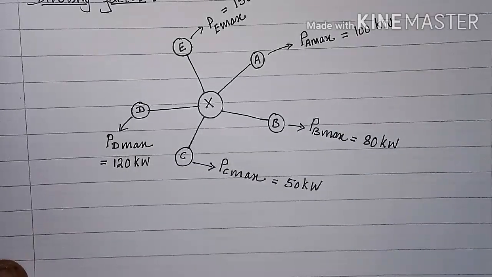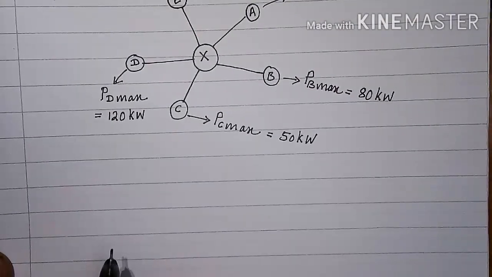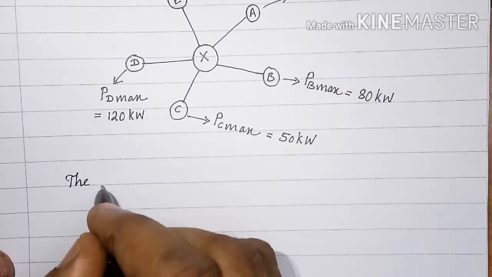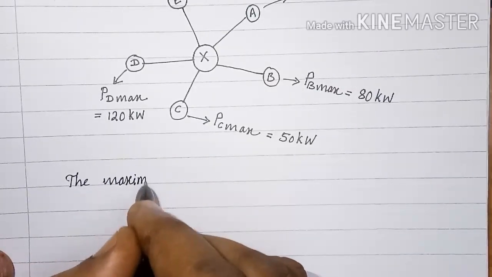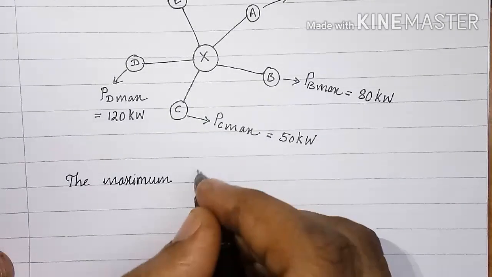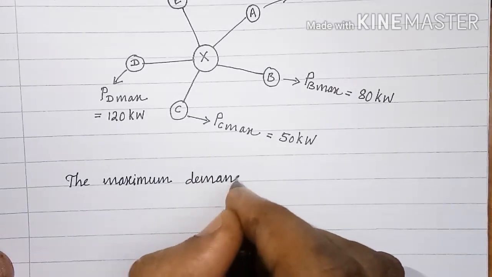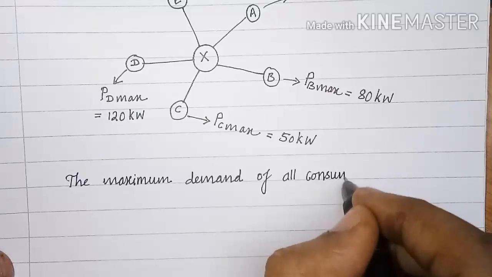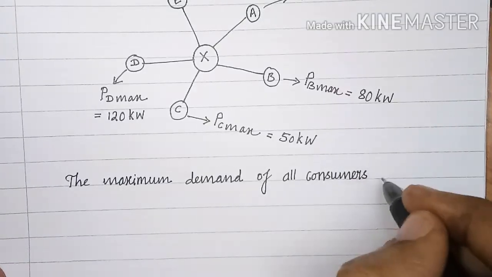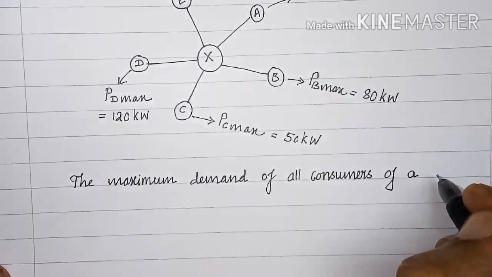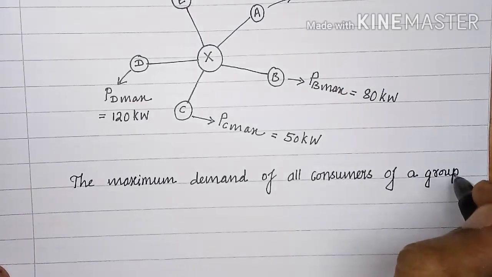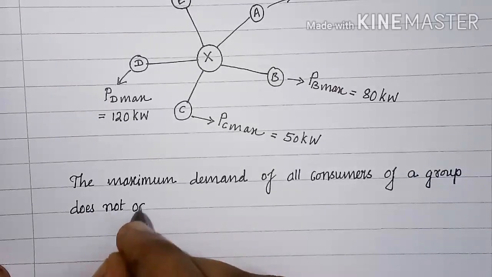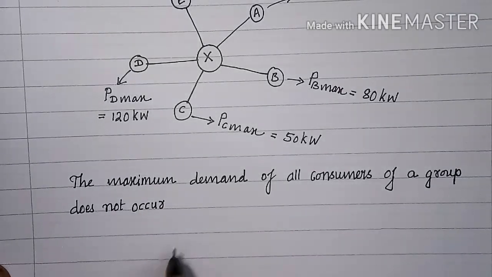I will define what is diversity factor. The maximum demand of all consumers of a group does not occur simultaneously.